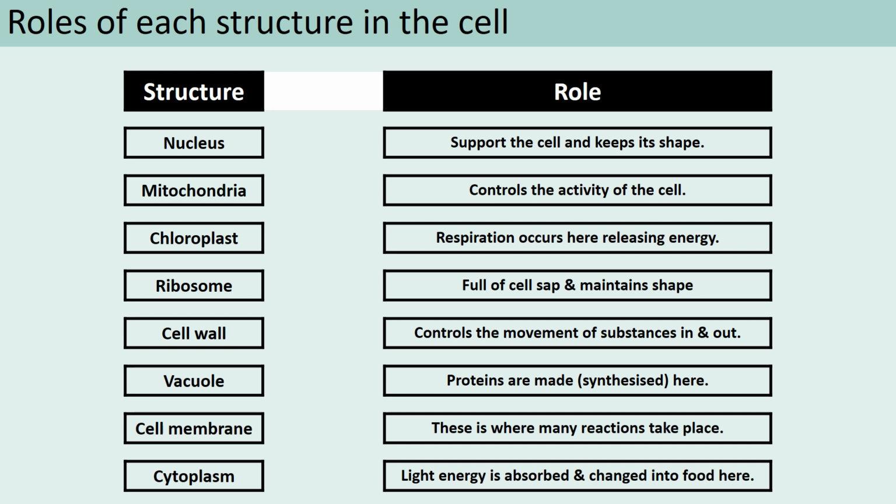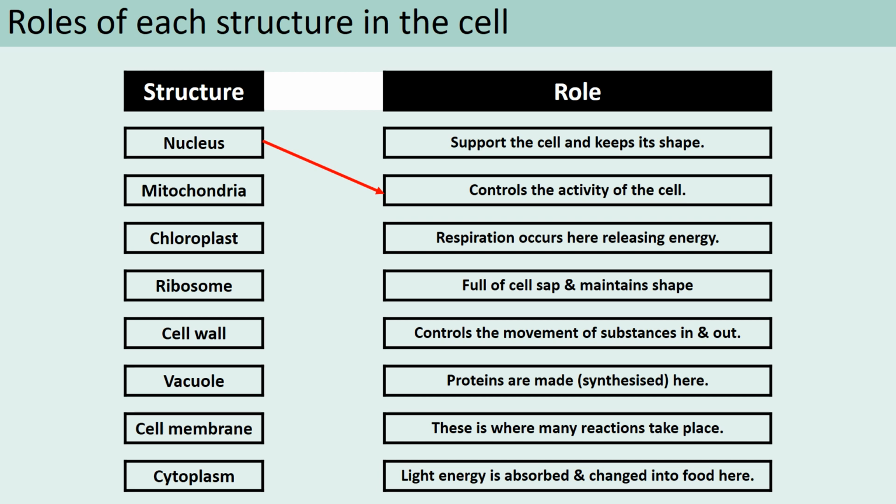Okay, hopefully you've had a good go at that. You can add this to your diagrams if you would like to, or alternatively, you can just write it underneath. But we need to know what each structure does and why it is so important in a cell. So first off, the nucleus. Hopefully we realise that the nucleus is what controls the activity of the cell.